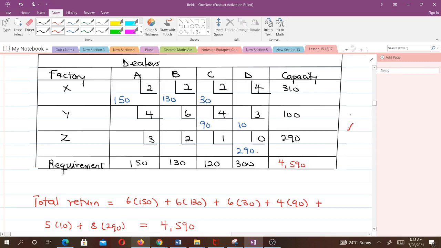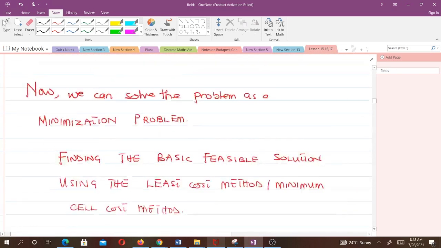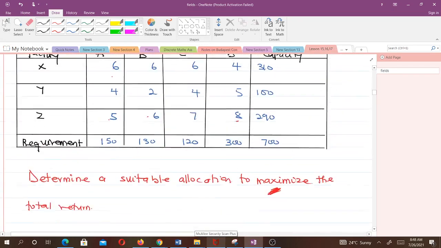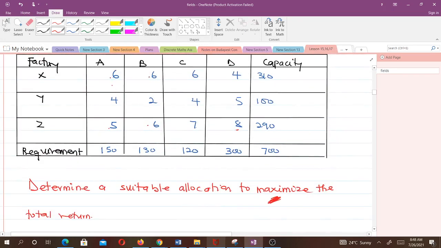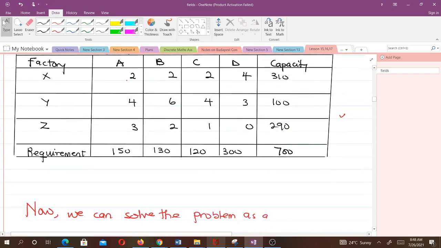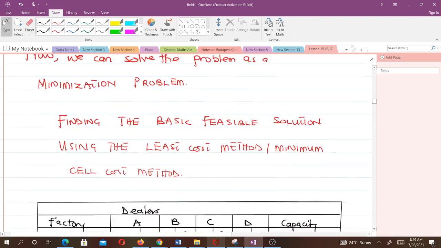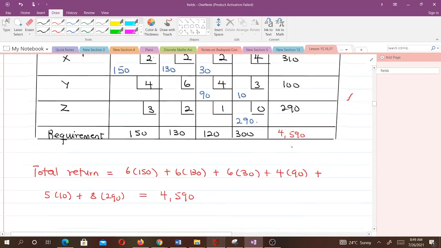When we are calculating the total return, we don't calculate it using 150 times 2, 130 times 2. That's the only difference. We go back to the original table, and you could see these two here. In the original table, it was 6. So we use these values to calculate the total return.